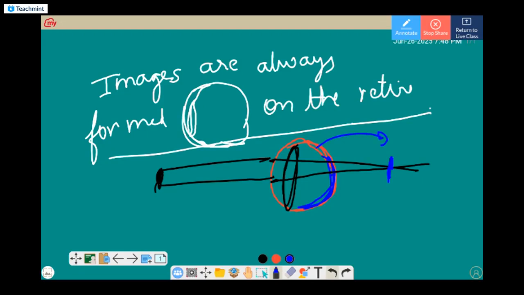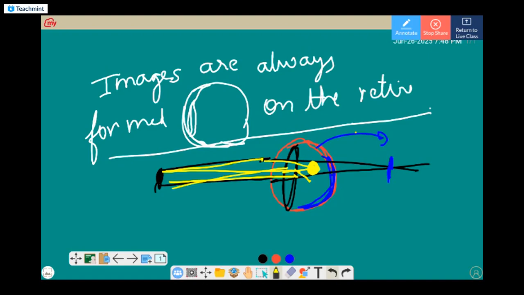Let's say in some situation, due to the way it is converging, the rays are formed in front of the retina, maybe here. So not exactly on the retina. So there are two situations. One, the image is behind the retina, and the other is it is formed in front of the retina. In both cases, there is some kind of defect because the image is always supposed to form on the retina. This is an important idea whenever we discuss the defect.